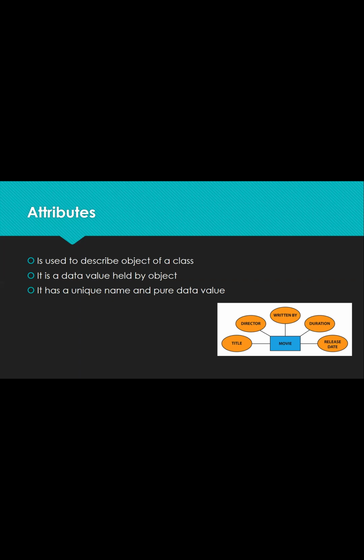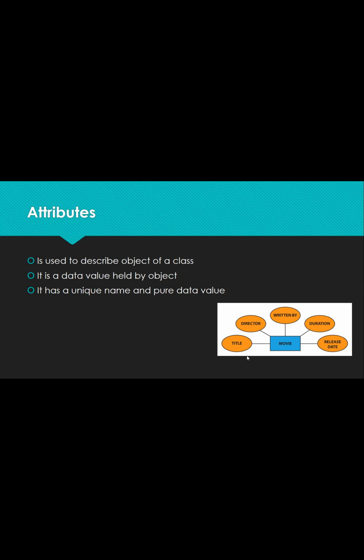Then a movie might have a title, which is pure data. Harry Potter is a title. The director's name, the title, who it was written by, the duration are all data values. If you take another movie, say Conjuring, the title of the movie is a pure data value.